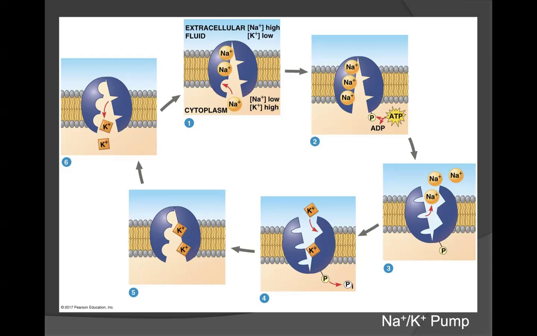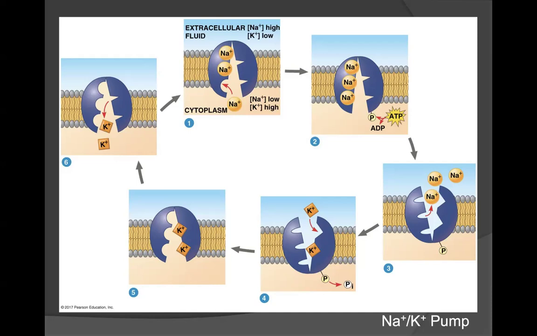Three sodium molecules are going to bind from the inside of the cell. Once this occurs, ATP is going to provide energy for the conformation of that pump to change. It is going to then open to the exterior of the cell, and as a result, the sodium molecules are going to leave. When the protein is in this conformation, it has a high affinity for potassium ions. Potassium ions are going to bind to the protein from the exterior of the cell.